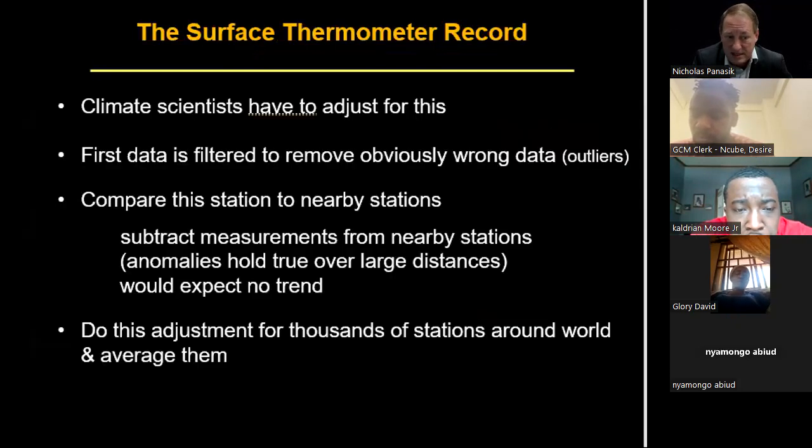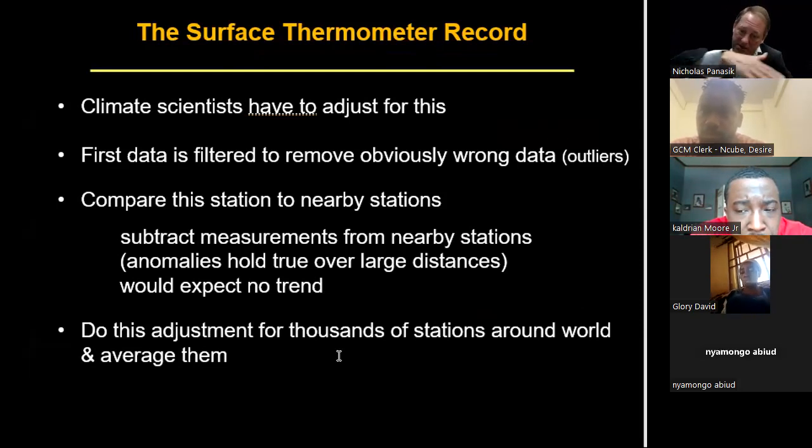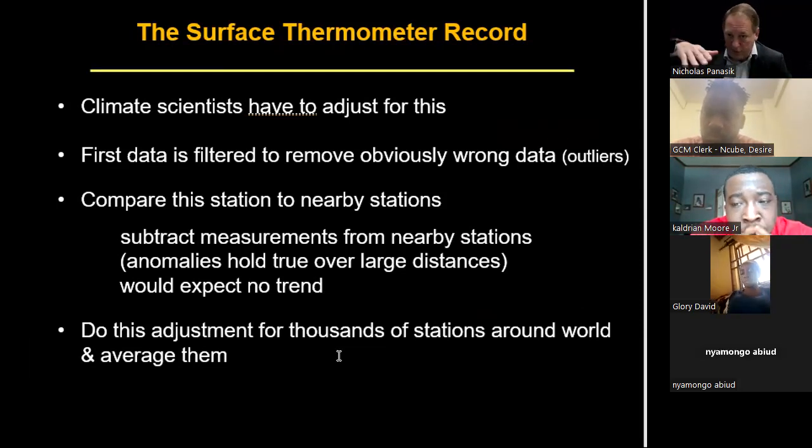And so climate scientists then have to do this adjustment for thousands of stations all around the world and average them. So for every station, they do this kind of comparison. They look at the climate record for the thermometer at that station. They remove obvious blips or outliers.